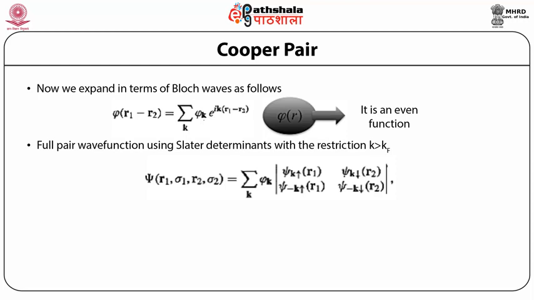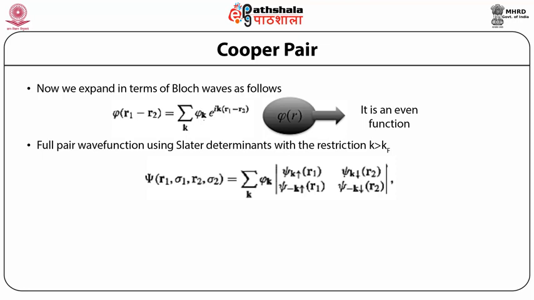And the off-diagonal elements are as shown. In the second column, the first entry is the coordinate r2, down spin, with the wave vector k.